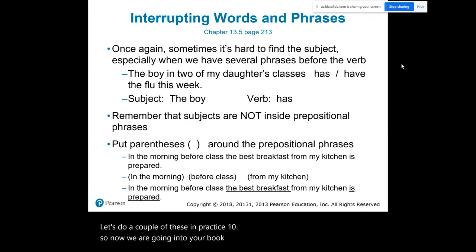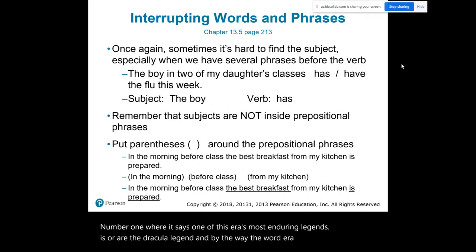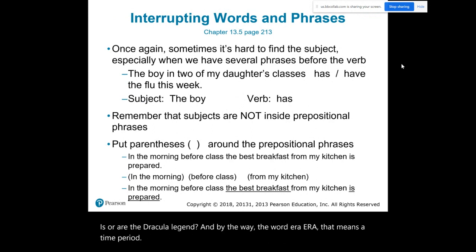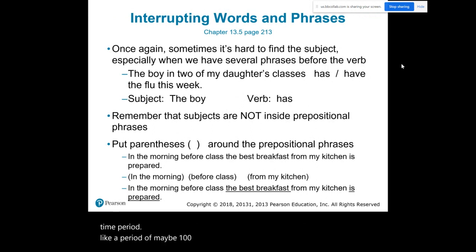Look at number 1, where it says, one of this era's most enduring legends is or are the Dracula legend. And by the way, the word era, E-R-A, means a time period, like a period of maybe 100 years or 200 years.